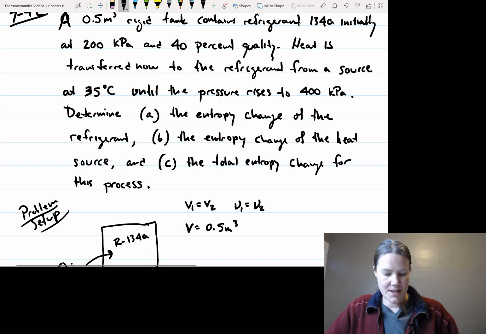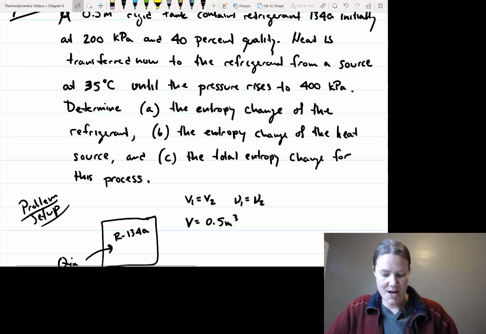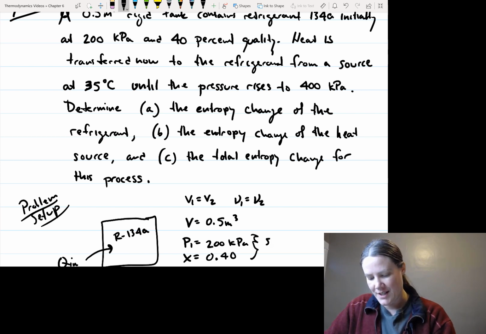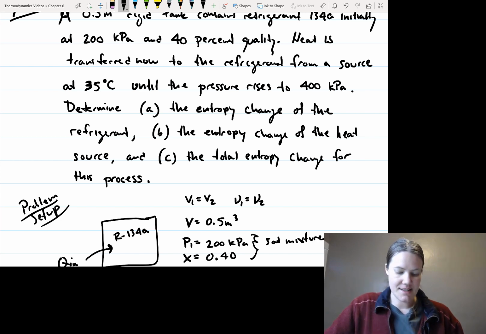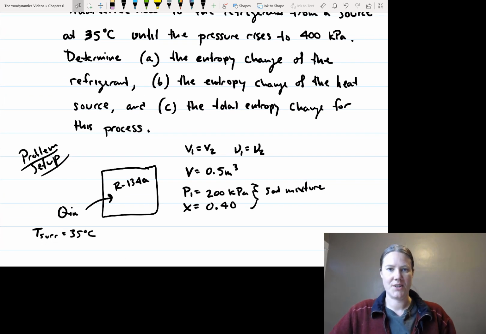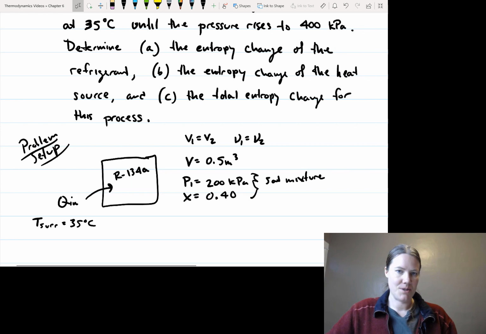It also gives us the initial pressure, so P1 is 200 kilopascals, and it gives us the quality, so X is 0.4. Since we're given a quality, this is a saturated mixture, so for the initial state, we have everything we need to look up our data on the tables.